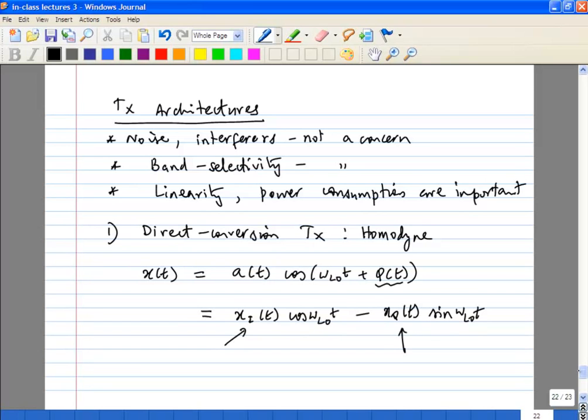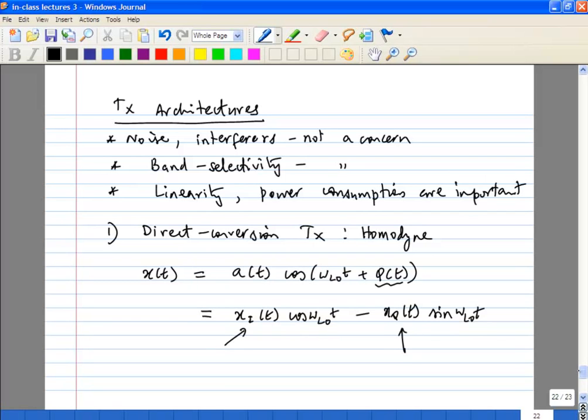So there may be cases where if the information is contained only in the phase, it may be more efficient to do a polar kind of transmission. Okay, for example, GSM uses GMSK, which has information only in the phase. There it may be more advantageous to use a polar transmitter. But if you end up using an IQ transmitter, you will have xi of t and xq of t.